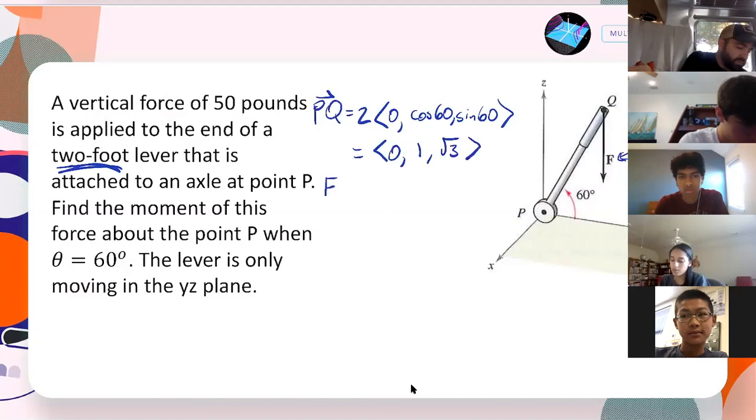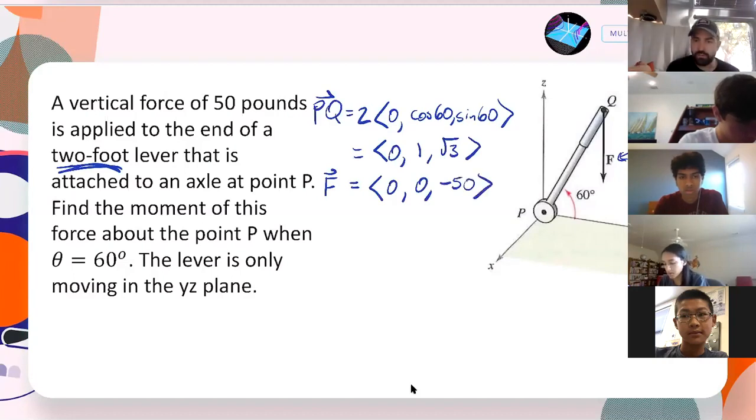My force is being applied vertically, straight down, meaning I have no X or Y movement. I'm just getting 50 pounds of force straight down, in the Z direction. And so all I do is PQ crossed with F. If I do the cross product, I'm going to have negative 50 minus 0.